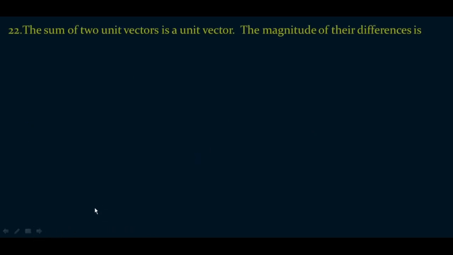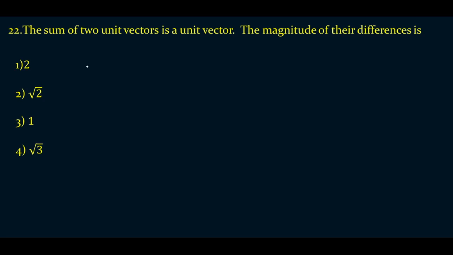The next question, question number 22. The sum of two unit vectors is a unit vector. The magnitude of their difference is: the options are 2, root 2, 1 and root 3.